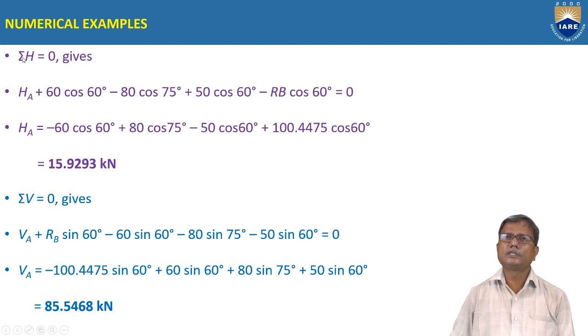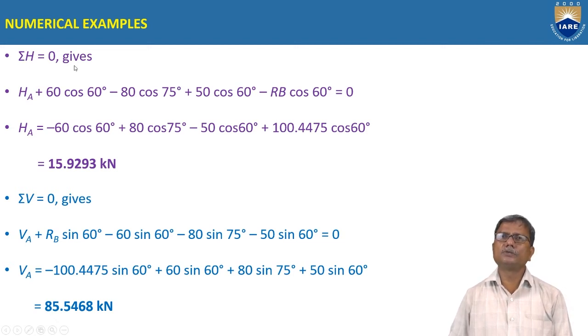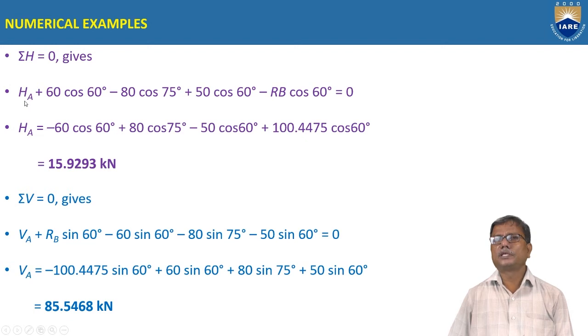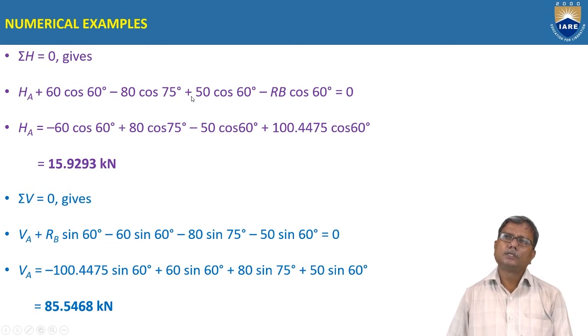Second condition, sigma H is equal to 0. So that gives HA, and the sum of rightward forces is equal to the sum of leftward forces. So what are the rightward forces here? HA and the component of 60. HA plus the component of 60, which is 60 cos 60, minus 80 cos 75, and again, all rightward forces are taken with positive sign and leftward forces are taken with negative sign.